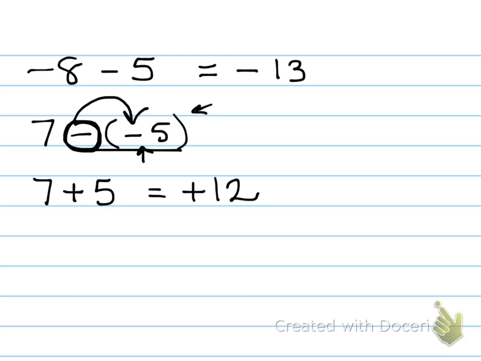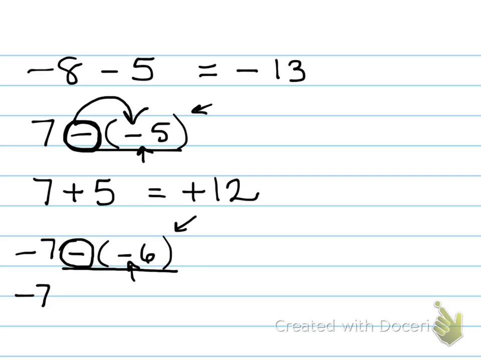Okay? Negative 7 minus negative 6. What do I need to deal with first? Parentheses. And it starts with that negative. So I'm just going to bring down the negative 7. There's nothing I can do inside. There is no exponent. What's the coefficient? Just a negative. So a negative times another negative becomes a positive.